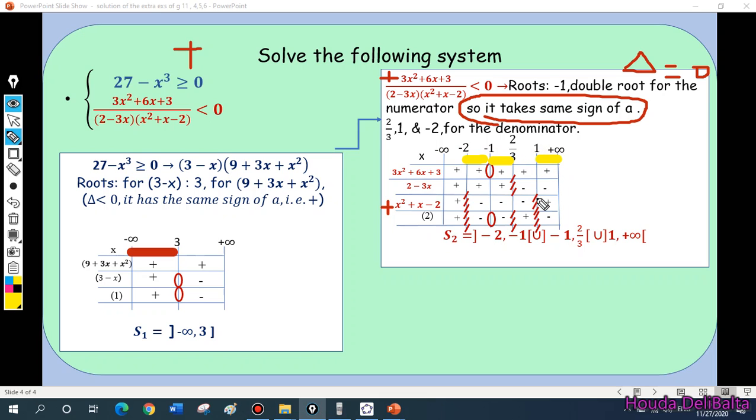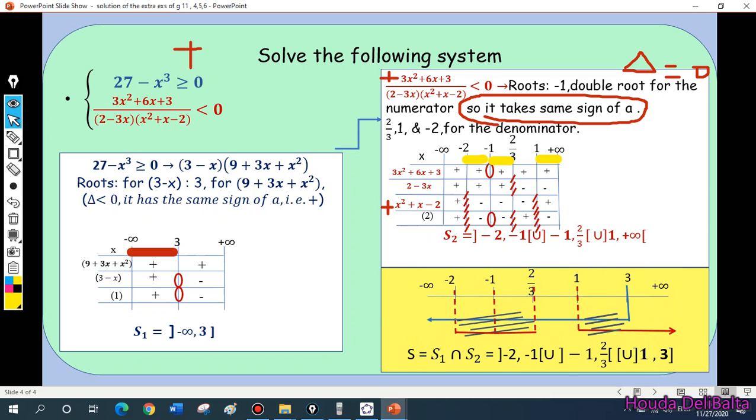So we have 3 regions, and thus, as you see here, S2, solution 2 equals the open interval minus 2 and open at minus 1, though we don't have dashes, but there is no or equal here, union minus 1 again till 2 over 3, union from 1 till plus infinity, and all of the intervals are open because we don't have or equal.